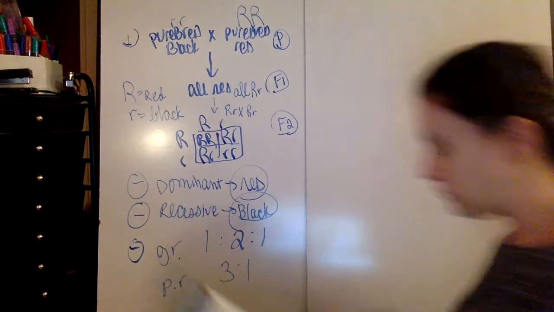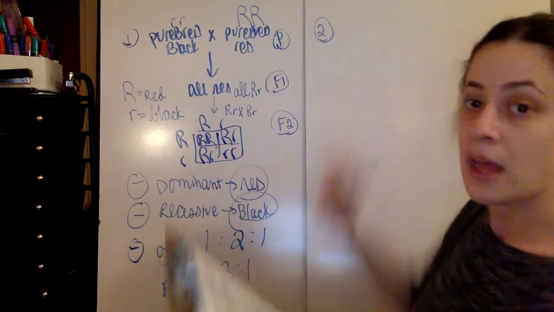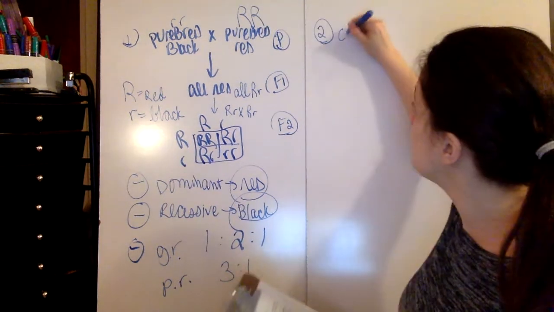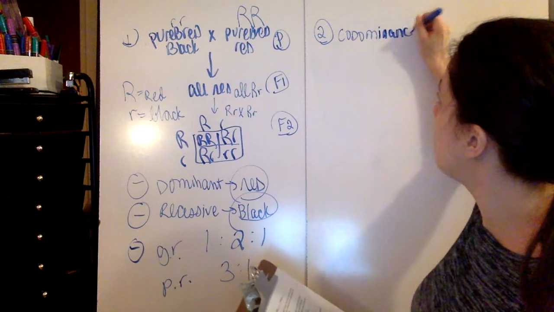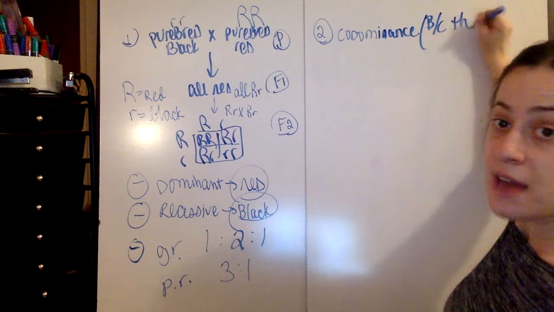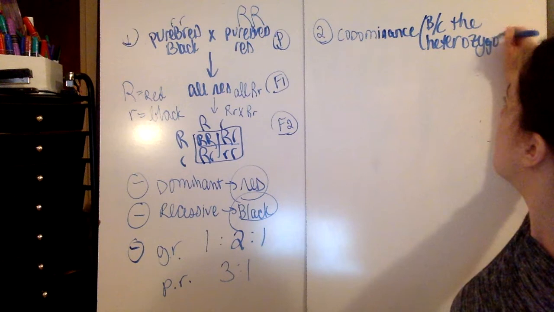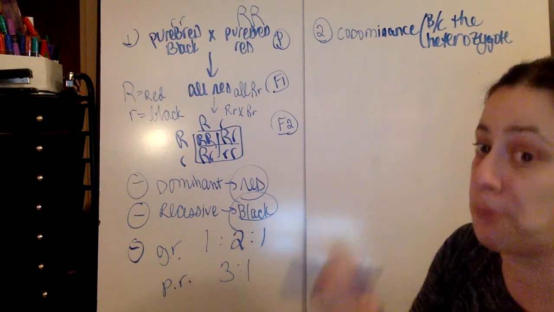Going to number 2. What pattern of inheritance does this show? This shows codominance, because the heterozygote has both of the alleles, and both alleles are able to show their presence.